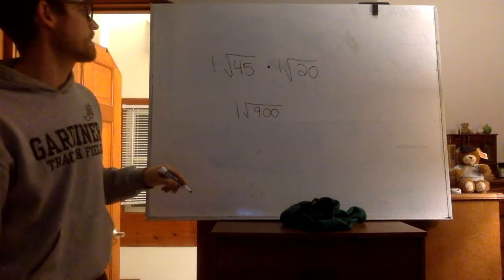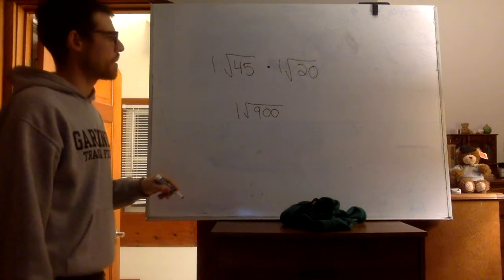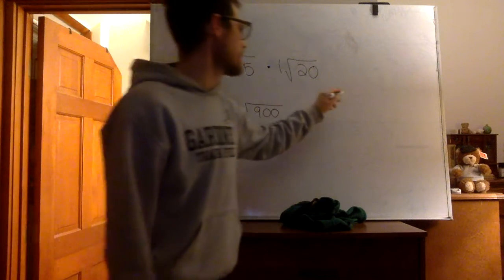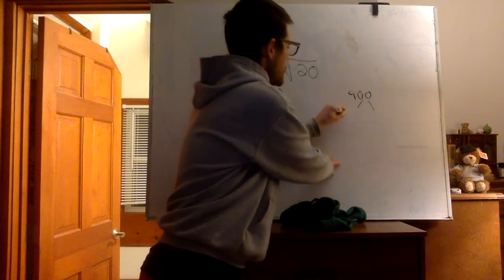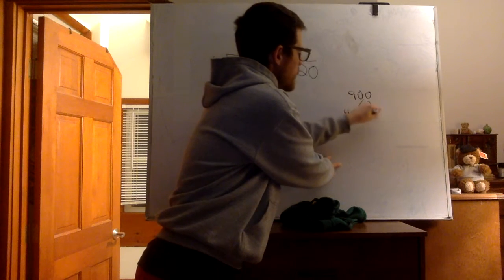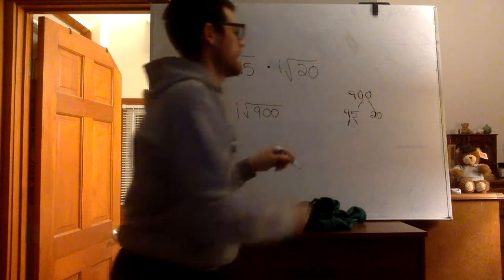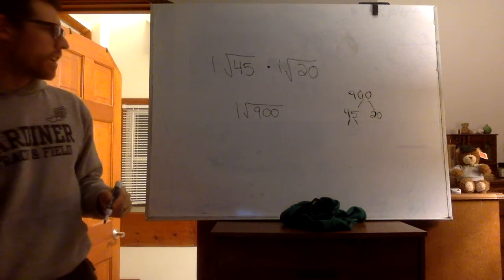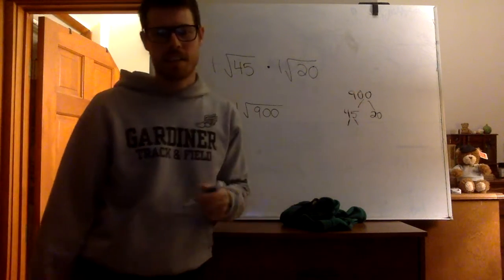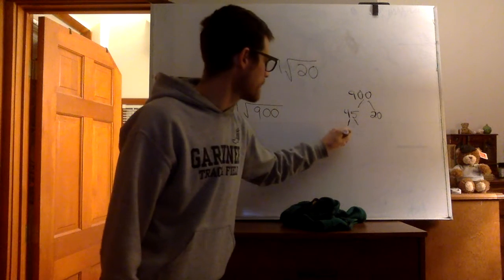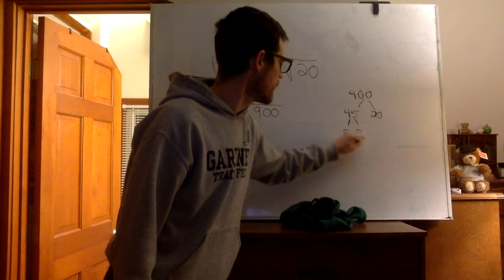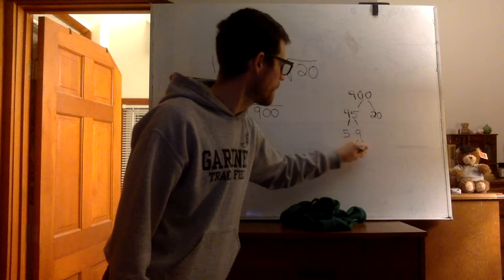If you didn't have a calculator, though, and you couldn't figure out what that was, it's not going to hurt you, because whatever that number was, it's immediately going to break down into 45 and 20. So you're going to be able to get an answer for it, regardless of whether you knew this was 900 or not. Now, 45 is going to break down into 5 times 9. And 9 is 3 times 3.